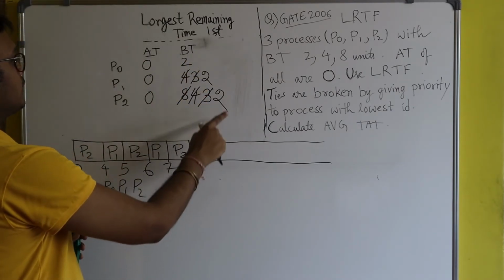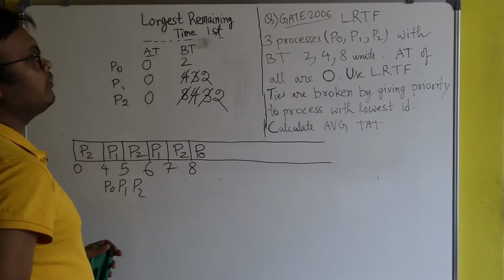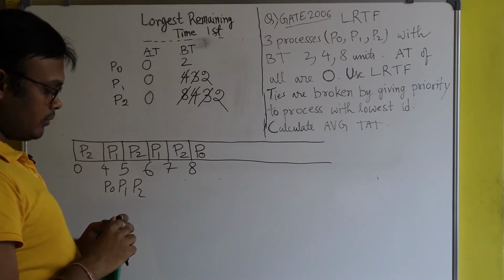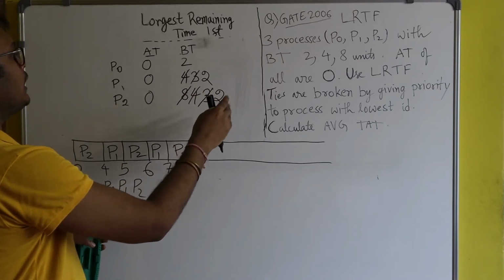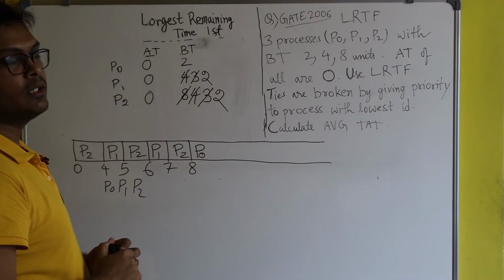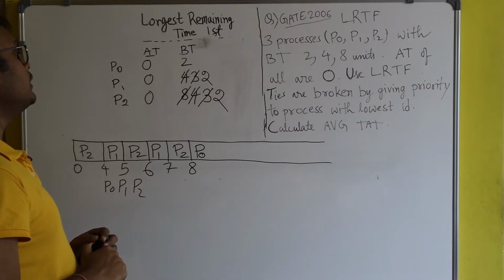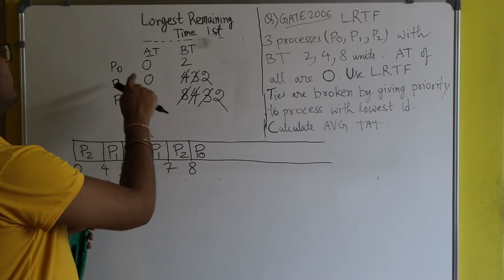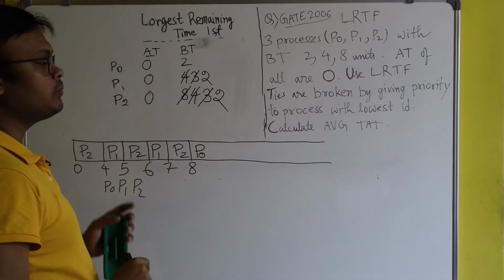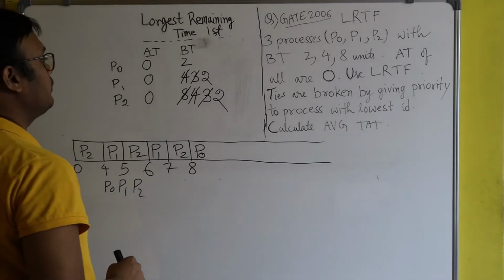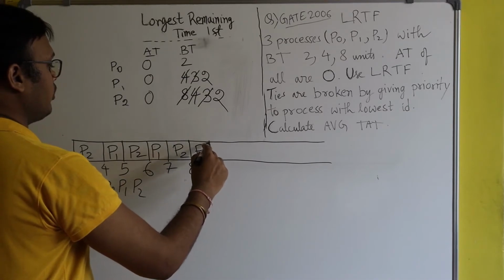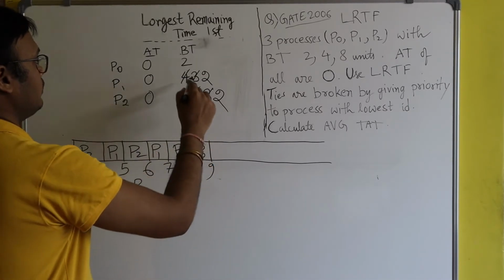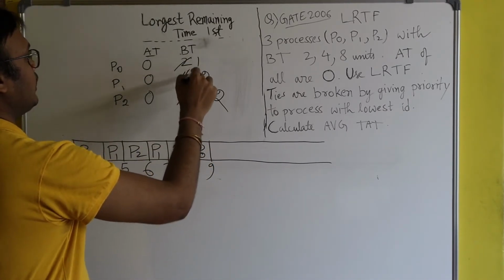All the 3 processes have the same remaining time, 2 units each, so to break the tie CPU is given to process P0, because it has the lowest process ID. Process P0 will run for 1 unit from 8 to 9, so it has 1 unit left.